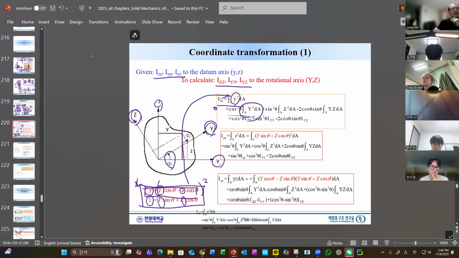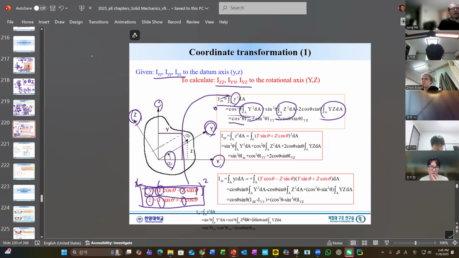There is a term here, a term here, and cosine theta and sine theta can be taken out of the integration because they are independent of the cross-sectional area.